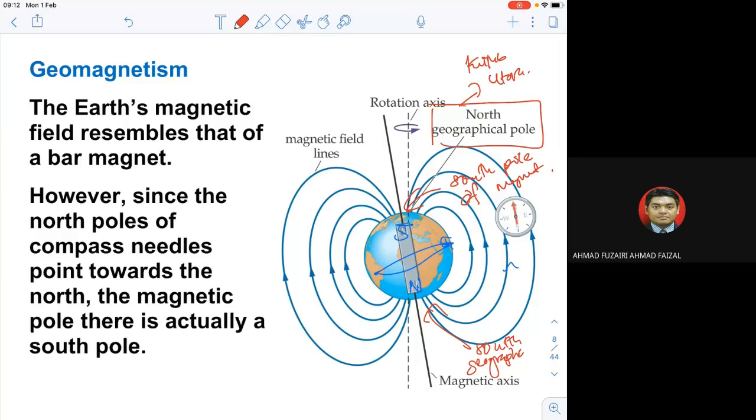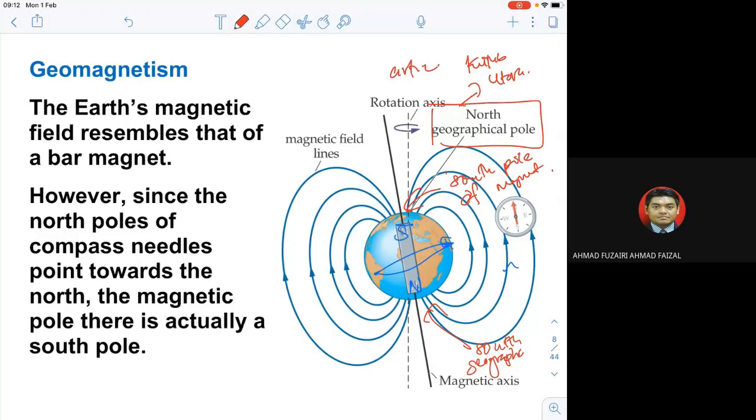But in the sense of magnetic field lines, the compass will always point to the south. So to make it very clear, at the Arctic there is a north geographic pole. Geographically it should be north, but at that point it is actually the south pole of the magnet.